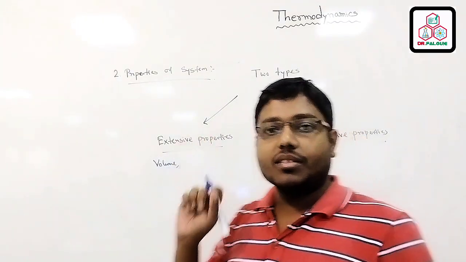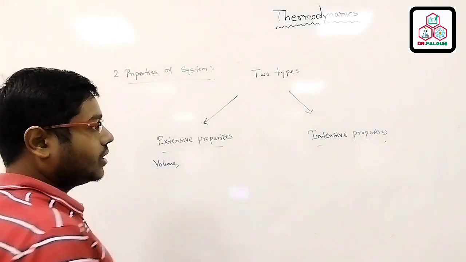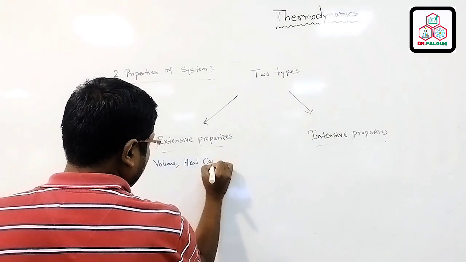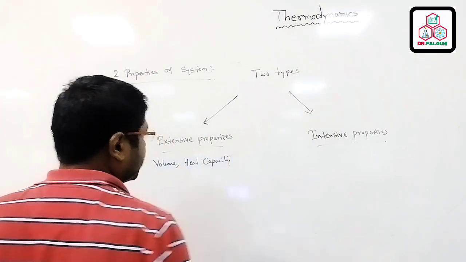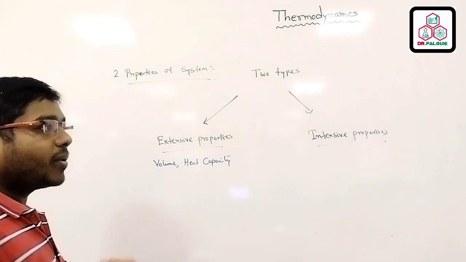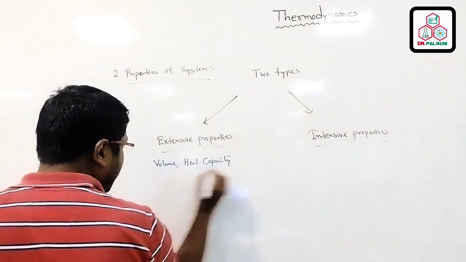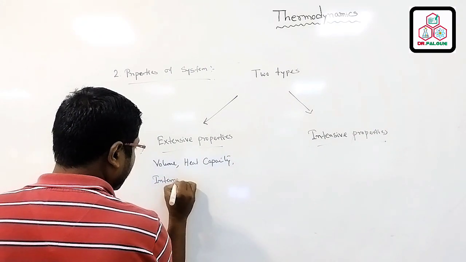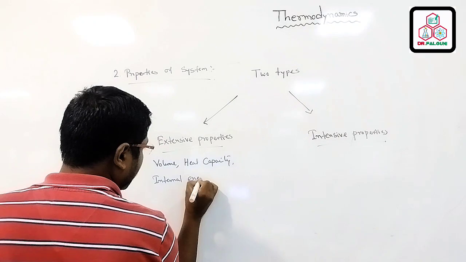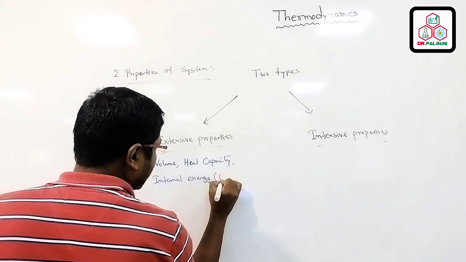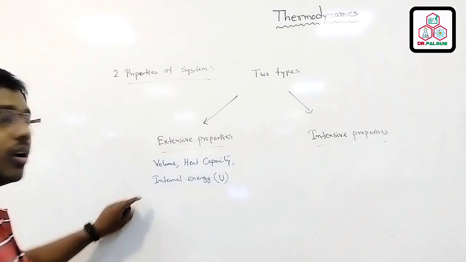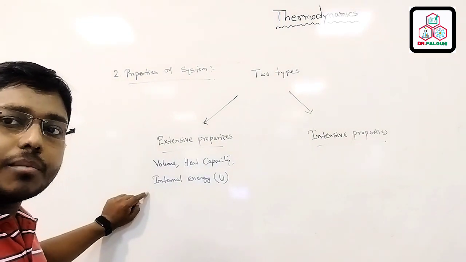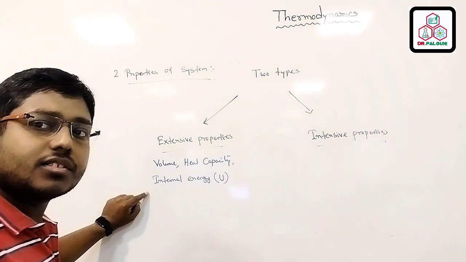So volume is the extensive property. Heat capacity is also the extensive property. Internal energy denoted by capital U is also the extensive property. It depends upon the mass of the substance.